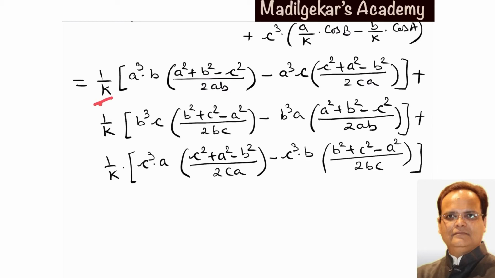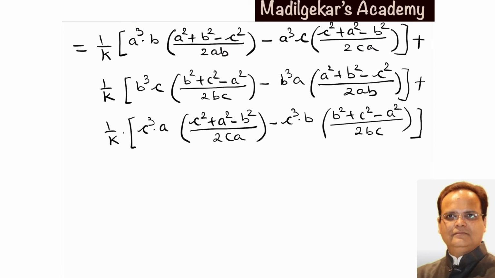Again, these 1 by k can be taken common. B cancels with b. A cancels with a cube. So in the next step, we have 1 by k into a square upon 2 a square plus b square minus c square minus, here a cancels with a cube, c cancels with c.